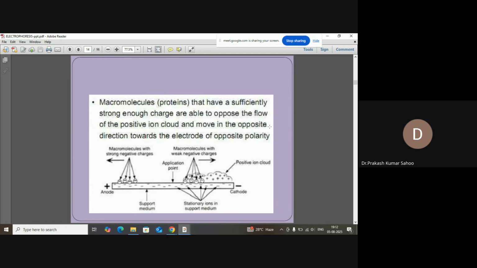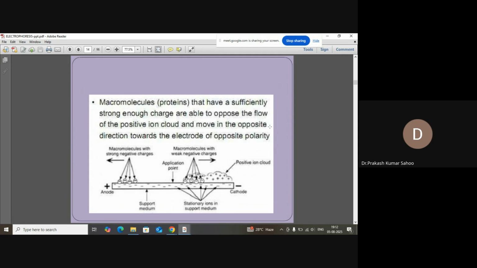And macromolecules, such as proteins, that have a sufficiently strong charge are able to oppose the flow of the positive ion cloud and move in the direction towards the electrode of opposite polarity.